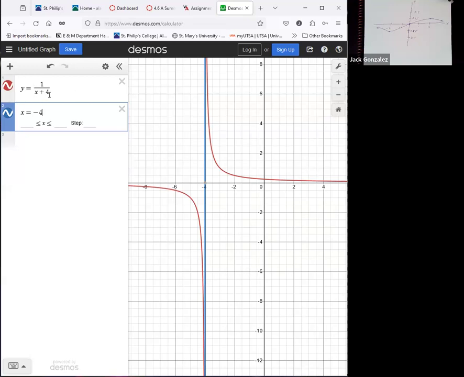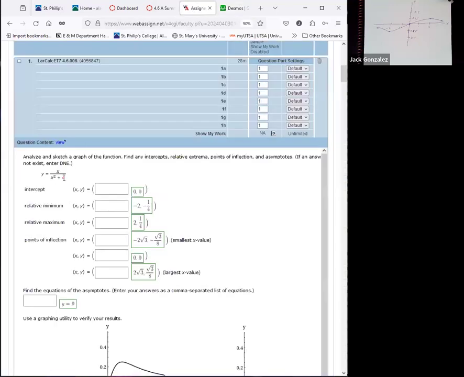So that's not going to happen, right? That was how you found vertical. Whatever made the bottom zero was the equation of the line that would create vertical asymptotes. This doesn't have any vertical because this will never be zero. There is no real solution for the denominator being zero.